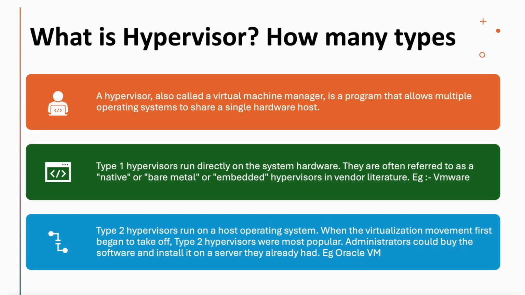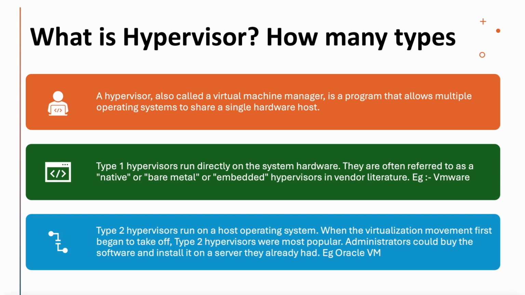Followed by: what is a hypervisor and how many types are there? A hypervisor, also called a virtual machine manager, is a program that allows multiple operating systems to share a single hardware host. There are two types of hypervisor. Type 1 hypervisors run directly on the system hardware. They are often referred to as native or bare metal hypervisors. An example is VMware.